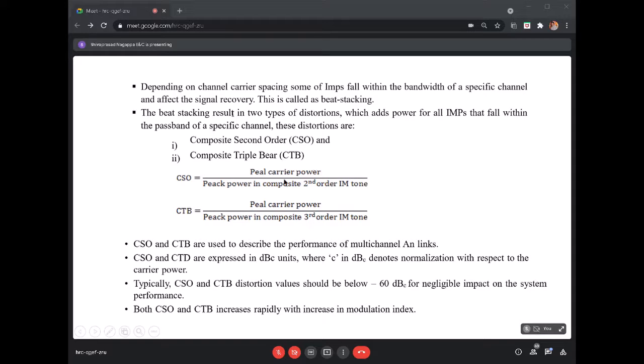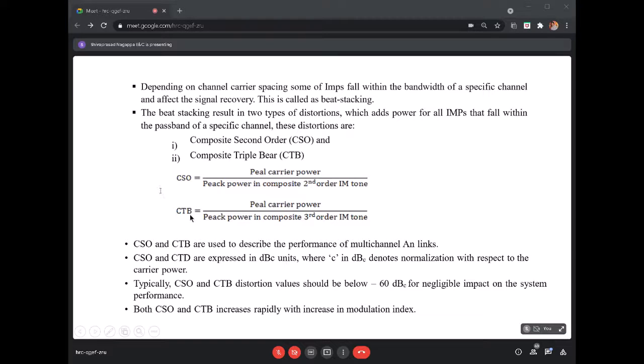So you make a correction here: it is the ratio of the peak carrier power to the peak power in the composite second order, that is, the second order intermodulation term.